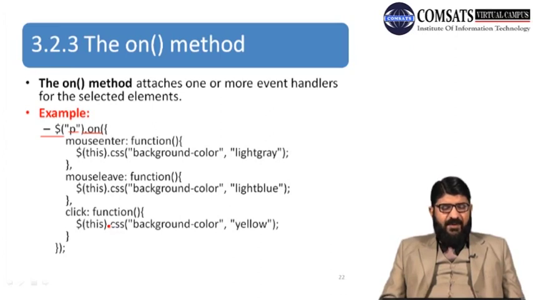So here the function is closed. The background colors for light gray, light blue and yellow will be executed for their particular triggers.